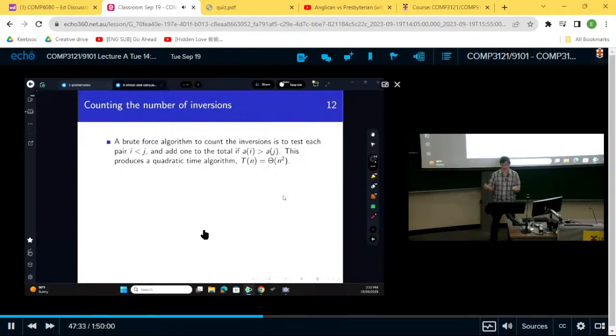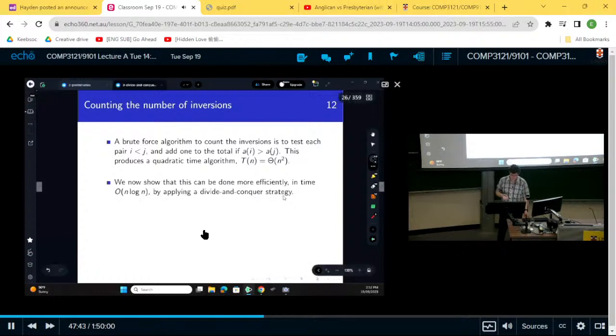Then we see whether they occur in different order in both lists. We want to do something faster, so we aim for a running time of order n log n.